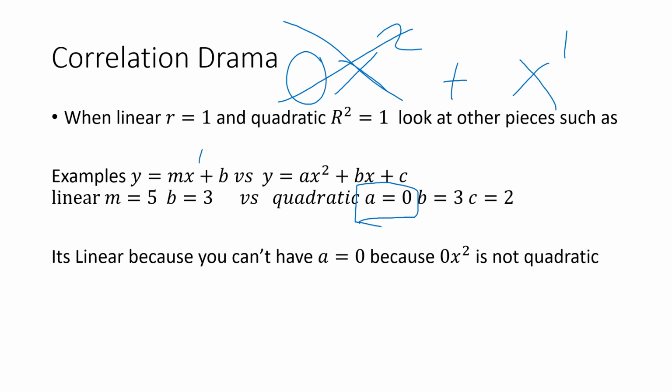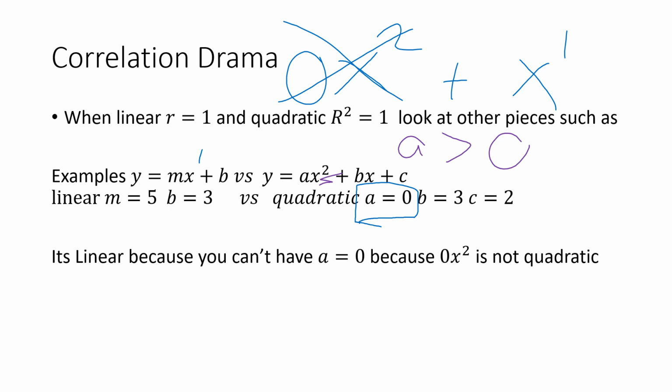This goes back to the law of exponents, remember? Quadratic has an exponent of 2. So in order to keep that exponent of 2, a has to be above 0. A must be above 0. Because if it equals 0, it's not quadratic. Alright, we good on this?